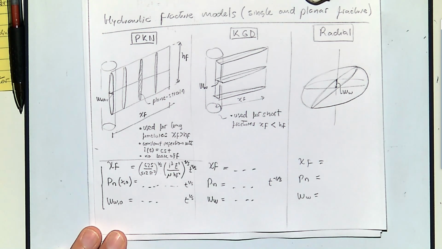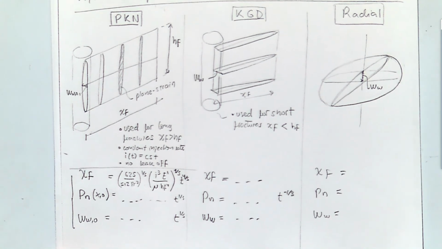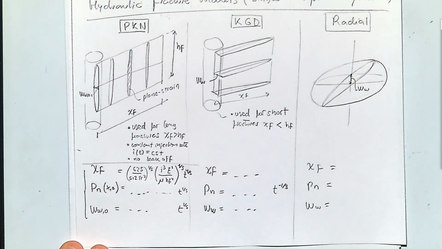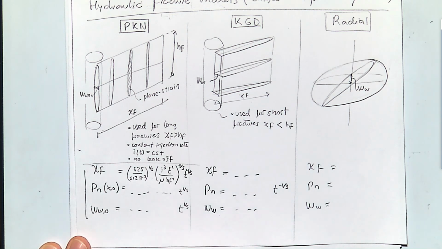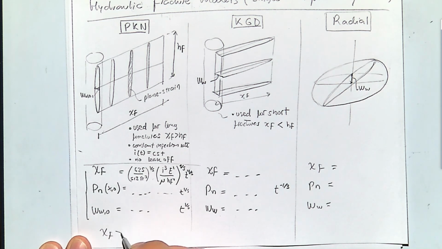Let me ask you a question. There is something that we didn't use here that we just used before. Did you notice what that is? I'm going to write some things here just for the sake of completeness, but think about that. There's something that we didn't use.